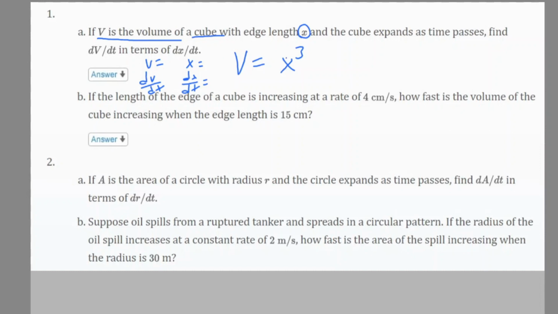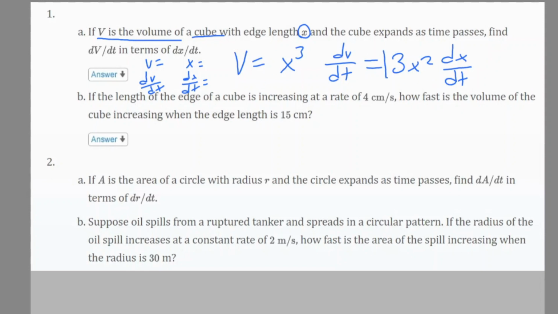If we find the derivative of V equals x cubed, we're going to have dV/dt. Essentially, the derivative of V is 1 times dV/dt, but you don't need to write the 1. And on the right side, we're going to have 3x squared dx/dt.